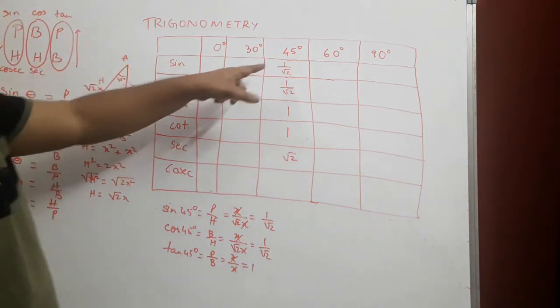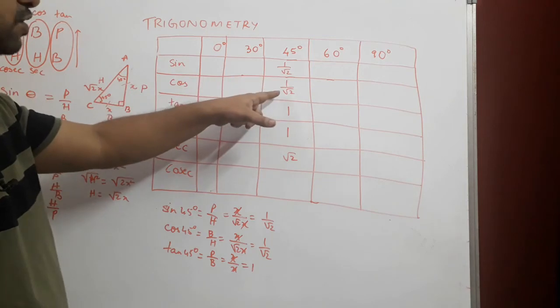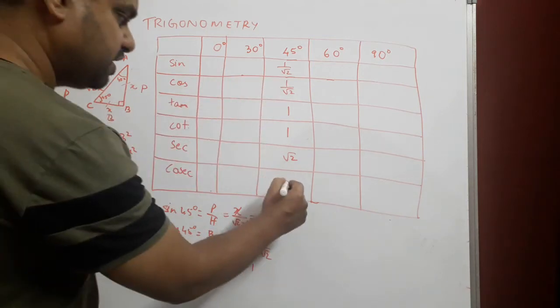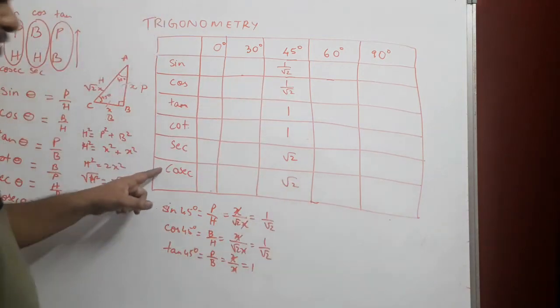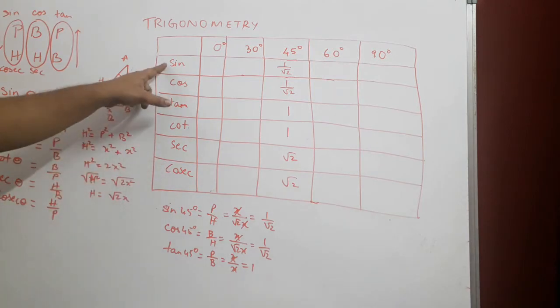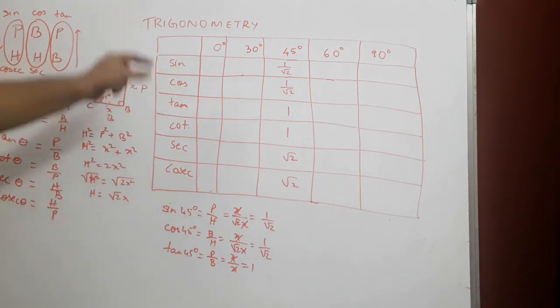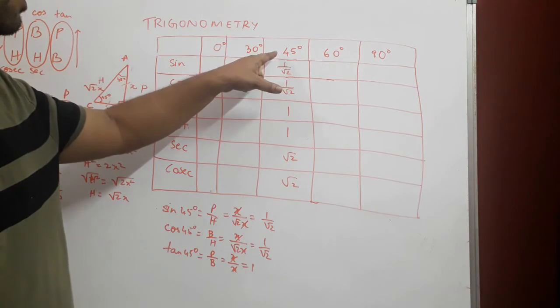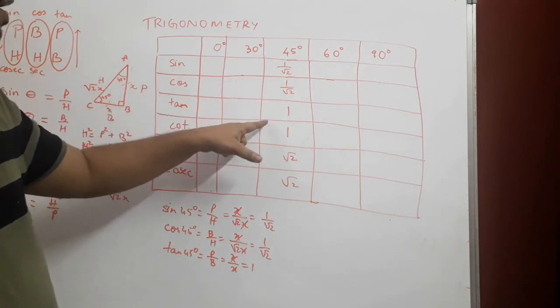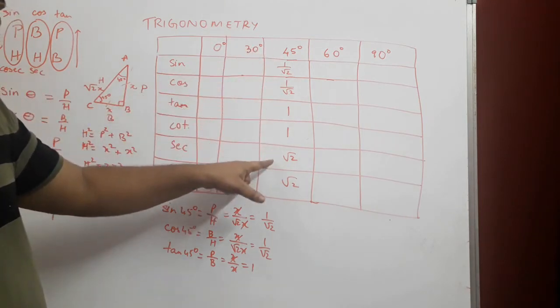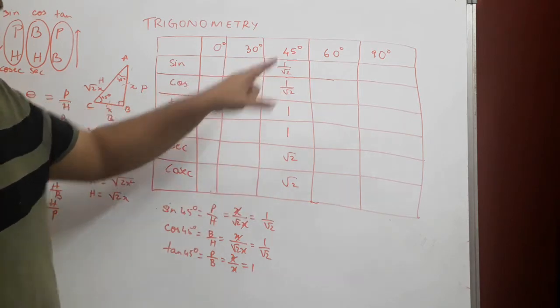Similarly, sine, which is also 1 upon root 2, will give root 2 for cosec. Cosec is the opposite of sine. Now this way we have managed to get sine, cos, tan, cot, sec and cosec of 45 degrees.